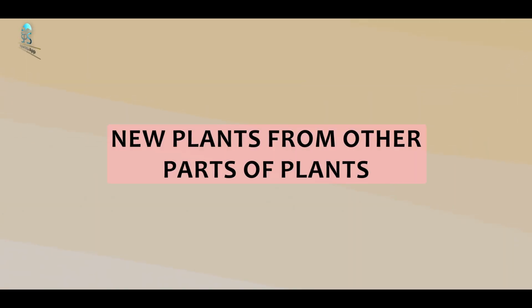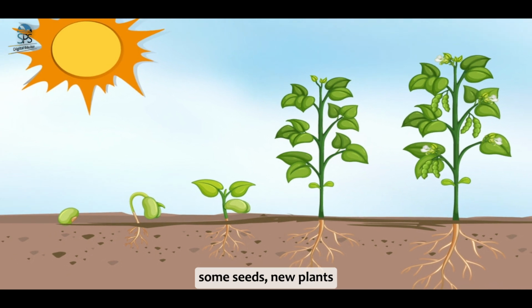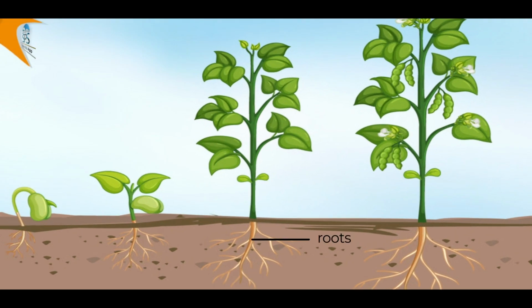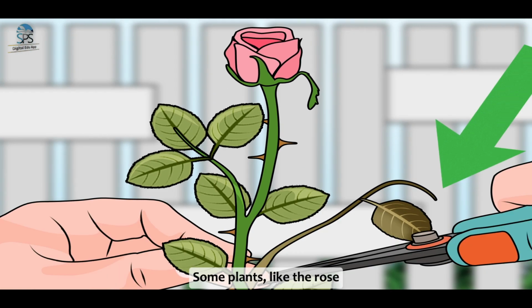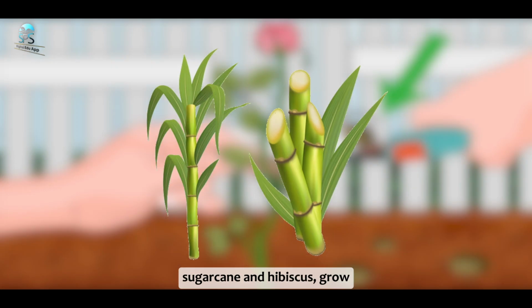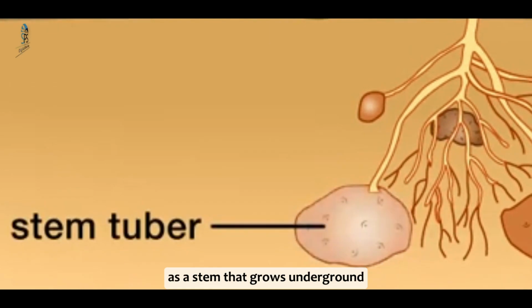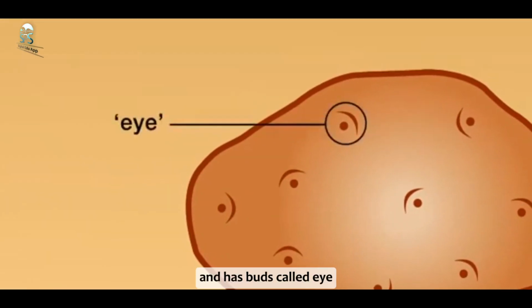New plants from other parts of plants. Besides growing from seeds, new plants also grow from certain other parts such as roots, stem, and leaves of the parent plant. Some plants like the rose, sugarcane, and hibiscus grow from the stem cutting. The potato is a stem that grows underground and has buds called eyes.